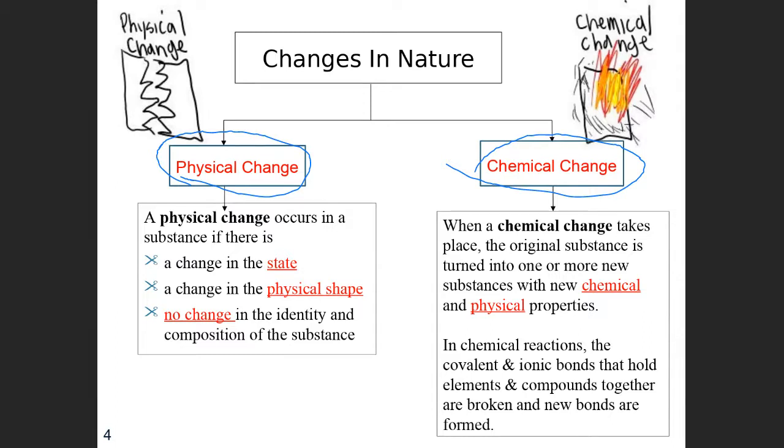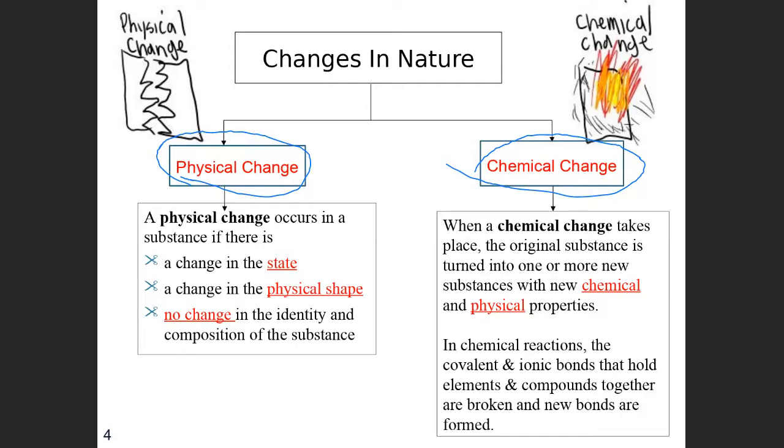For example, if I have ice, that's water, when it is melted, it stays water, but that's a physical change. If I have a piece of paper and I cut it into small pieces, it is still the same paper.